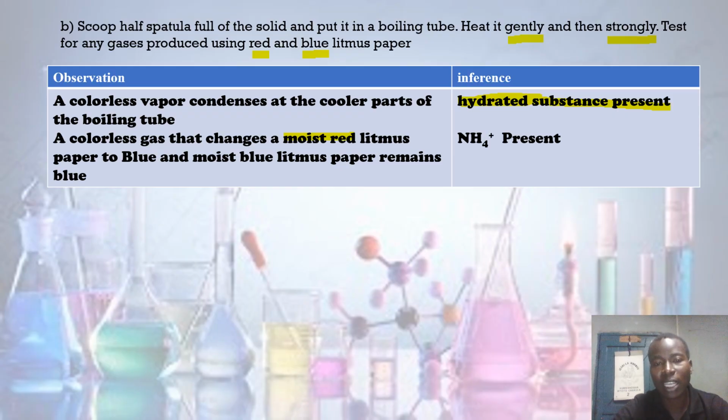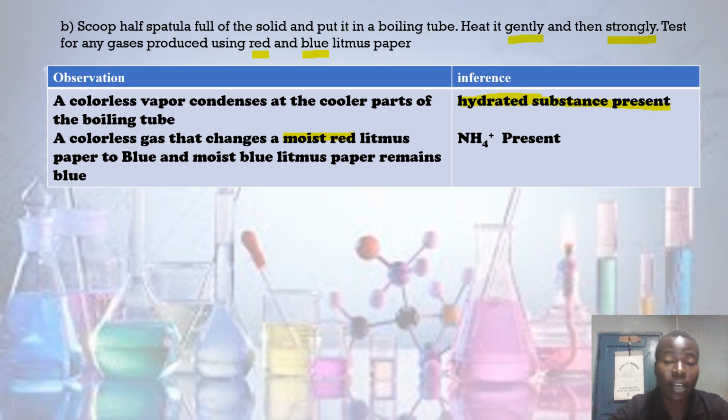And take note that I have indicated that I am using a moist red litmus paper. The importance of a moist litmus paper is that it provides a medium for the dissolution of the gas that has been produced.